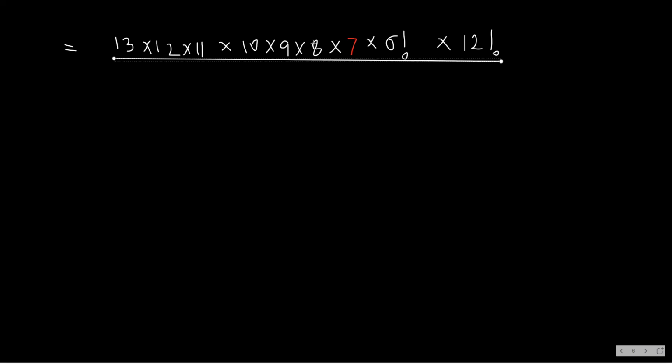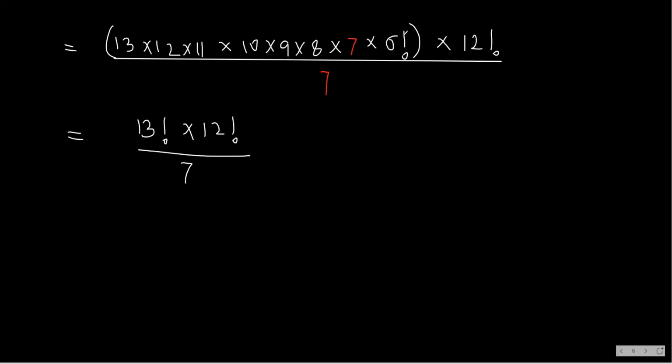So now this gives you 13 factorial into 12 factorial upon 7. This is the answer. Do not attempt to write the numbers and multiply, please. That is going to be very big otherwise. I hope you all followed it.